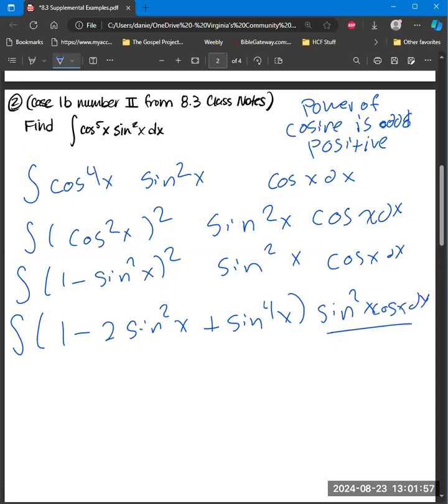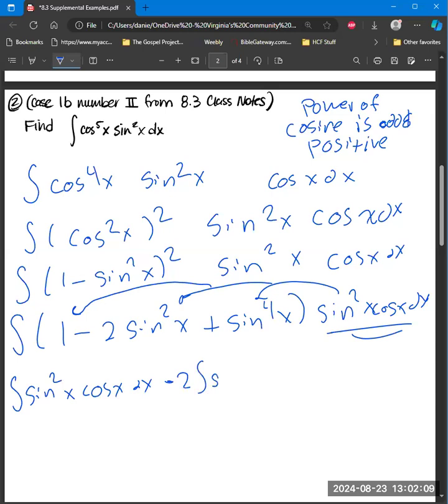I'm going to take all of this and distribute it across the parentheses. That's going to be the integral of sine squared x cosine x dx minus 2 times the integral of sine to the fourth x cosine x dx plus the integral of sine to the sixth x cosine x dx.